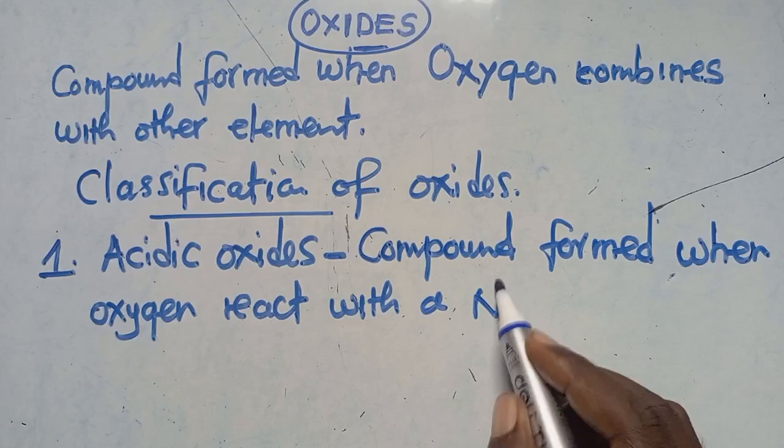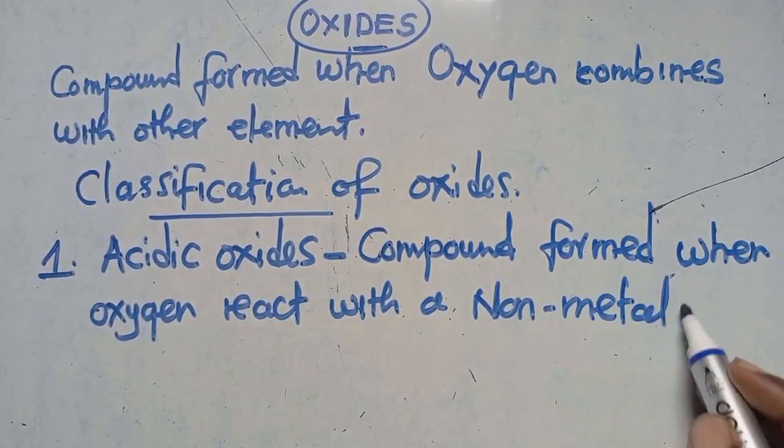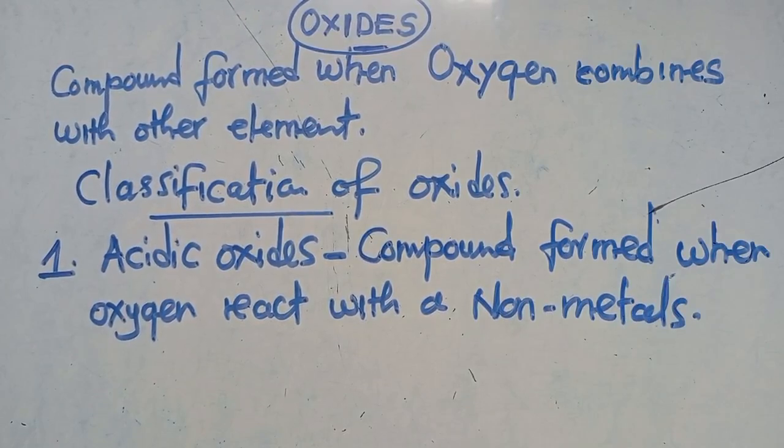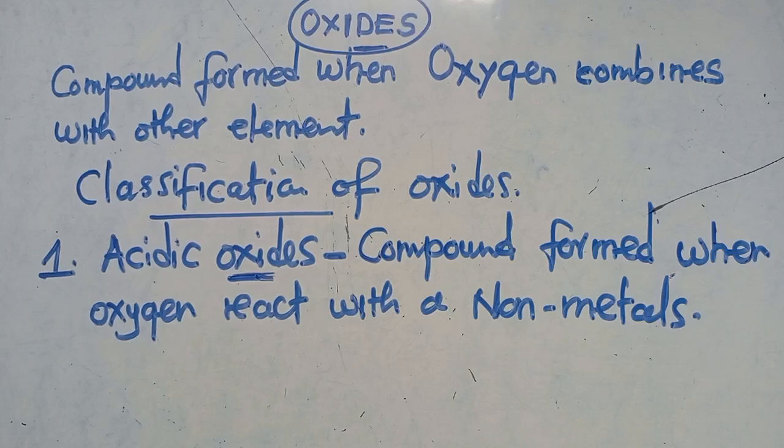So what are acidic oxides? These are oxides of non-metals. When oxygen reacts with a non-metal, we form an acidic oxide.